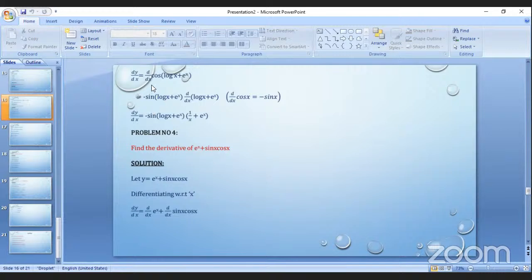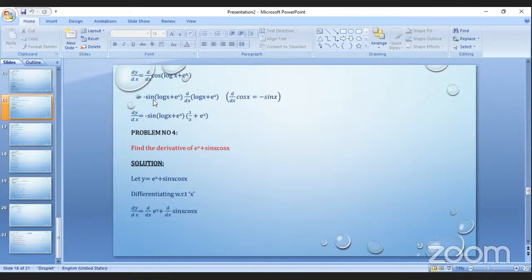That implies the derivative of cos of log x plus e power x. Suppose log x plus e power x is treated as x. d by dx of cos x is minus sin x.